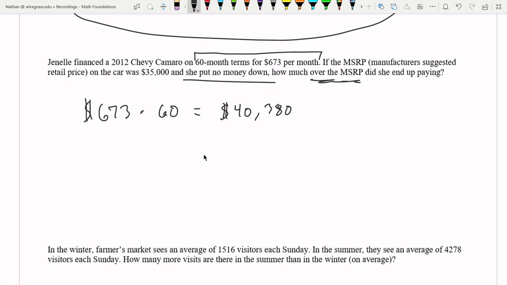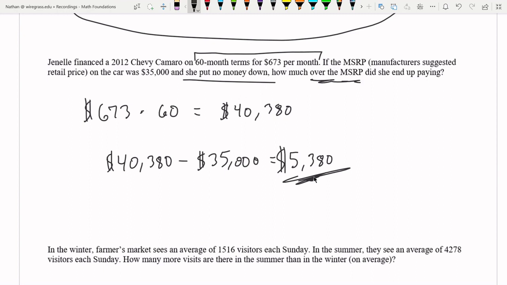How much more is asking what's the distance between the two numbers? That is subtraction. So all I need to do is just subtract 35,000 from the number I found, and I get $5,380. So she ended up paying quite a lot more just because she didn't have the money up front.